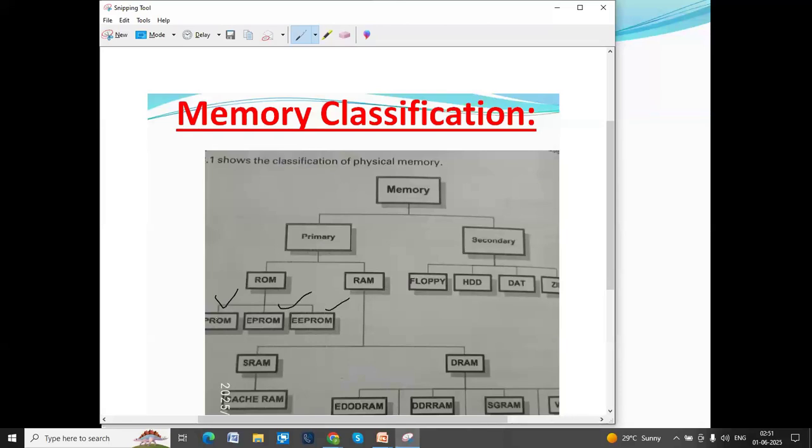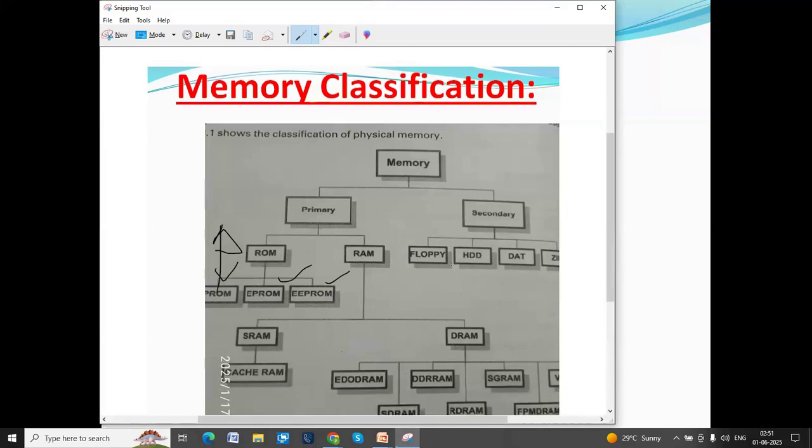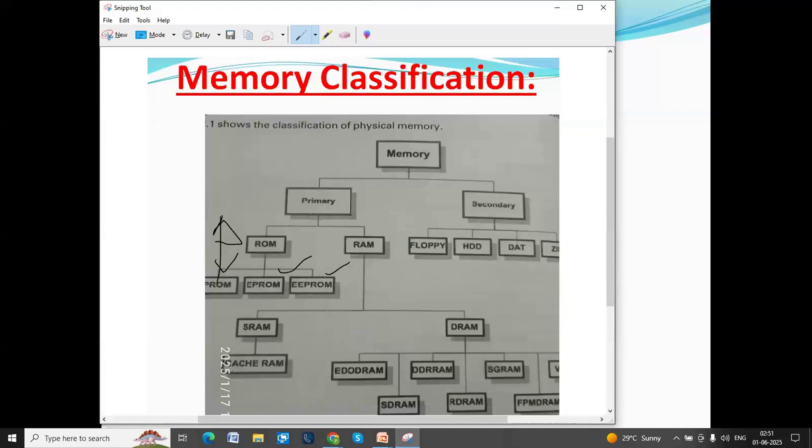What is the difference? Programmable means one-time program. In case it got damaged, you replace the entire chip. Later it came with advanced technologies. Whatever flash memory, USB cards, pen drives, or memory cards you see in your day-to-day life work with the concept of EEPROM, electrically erasable programmable ROM.